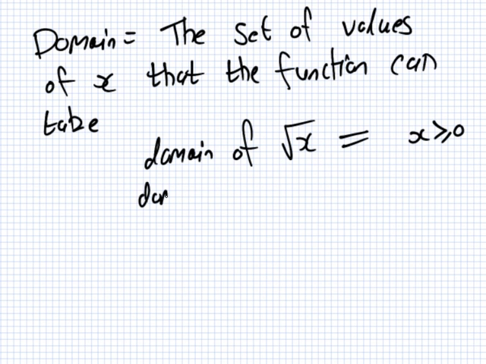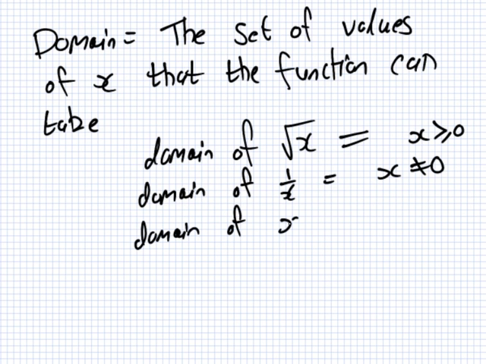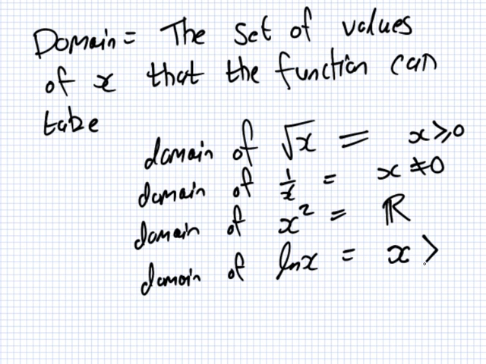What about the domain of 1 over x? That's all numbers except 0. What about the domain of x squared? Well, that's all numbers. What about one more, the domain of log x? No minus, and no 0, so all positive numbers except 0. So basically domain is what's legal, what's allowed by the function.